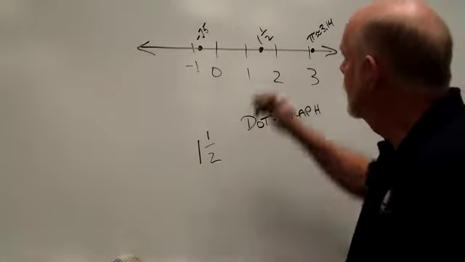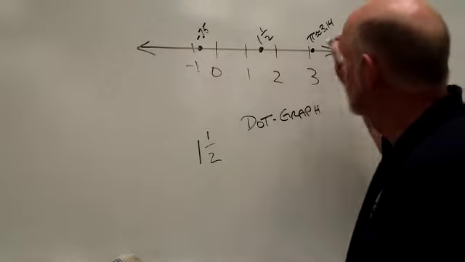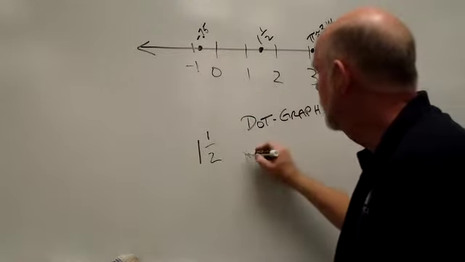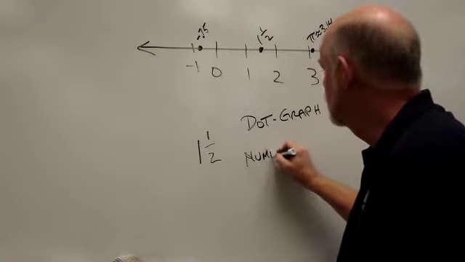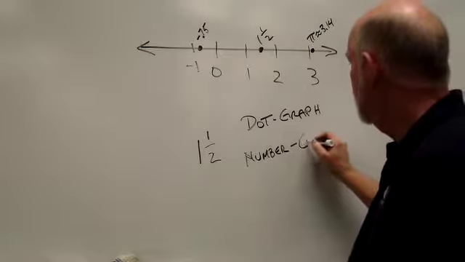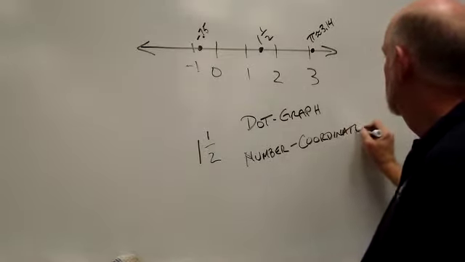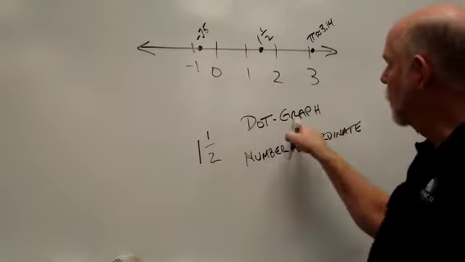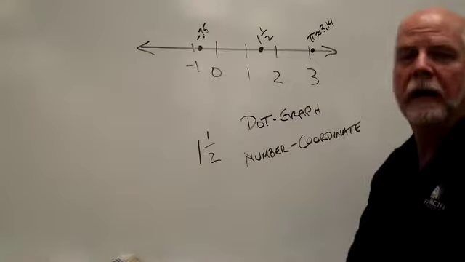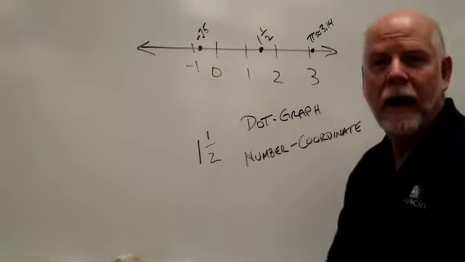And the number itself, the 1.5, the 0.75, the pi, the 3.14, whatever number it is, the number that I'm labeling it with, is called the coordinate. So we have the dot, or the graph of the number, and then the coordinate that goes along with it, it tells us where that dot is. So the coordinate is the number, the dot is the graph.